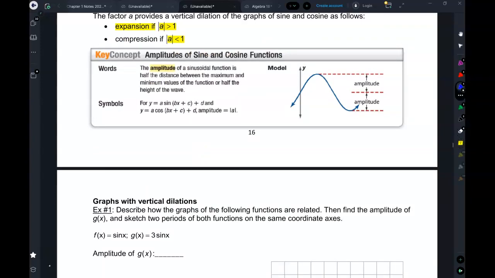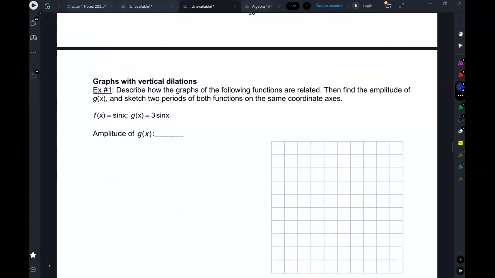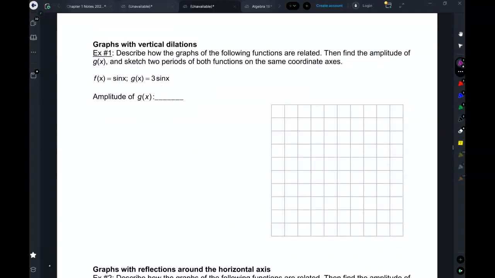So what is amplitude? If I take a sine graph and split it halfway horizontally like this, the distance between that axis of oscillation, that middle line, and the maximum, that's amplitude. It's the same as this distance here. Always absolute value. So let's take a look here.